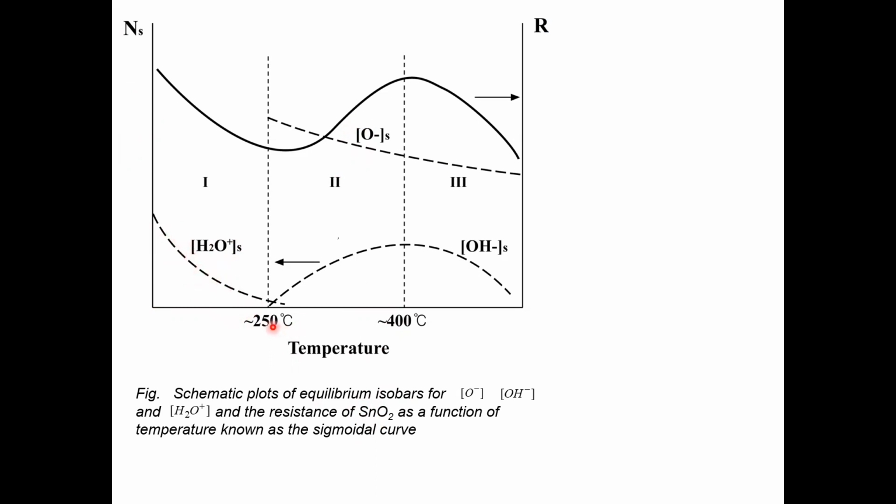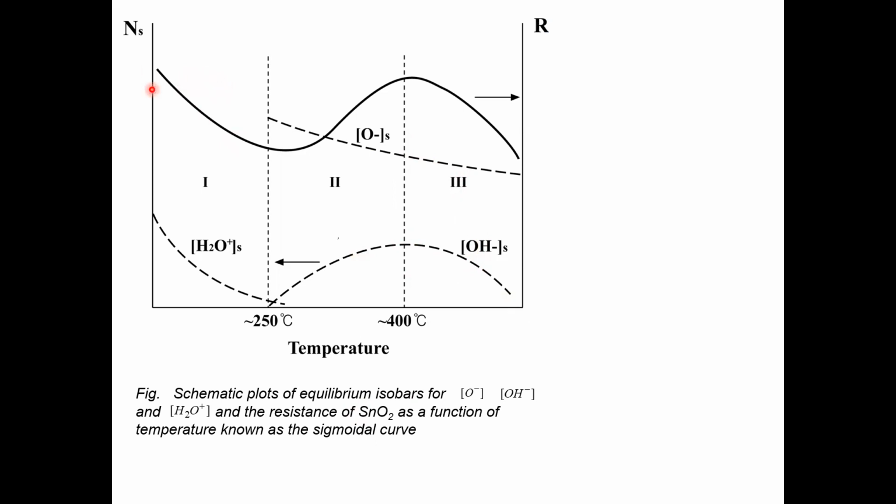That goes down as you raise temperature. And then OH chemisorption takes over, and oxygen chemisorption. That also will go down. Both of them will go down as you go to high temperature because of desorption of these molecules.